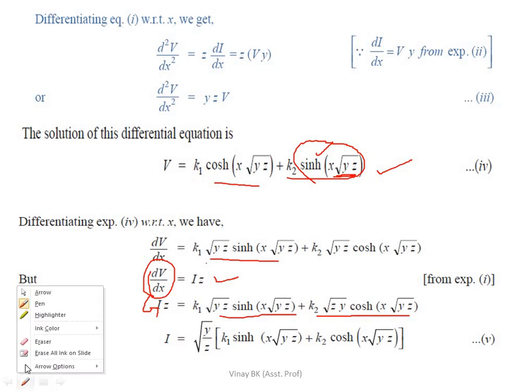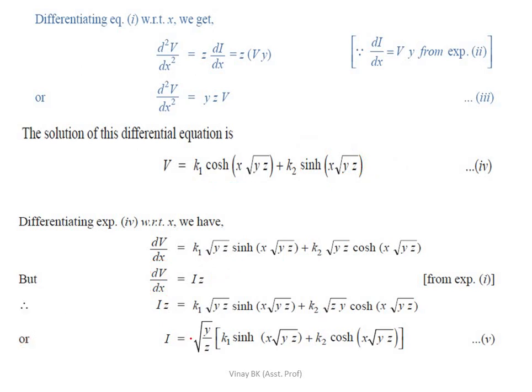I want to get current I, so I send this Z to the right hand side, so I is given by square root of YZ.